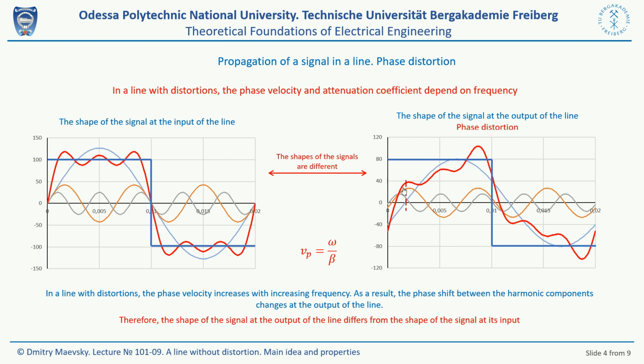It's clear that as a result of superimposing all three harmonic components, which have a phase shift relative to each other, we will no longer obtain the same signal shape as was at the input. Therefore, we can say that the output signal is distorted relative to the input because the phase shifts between the harmonics do not correspond to the corresponding phase shifts of the input signal.